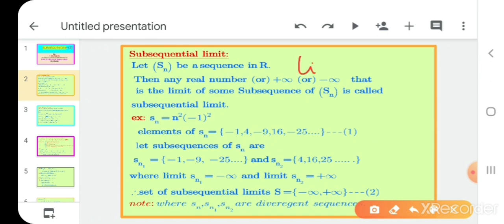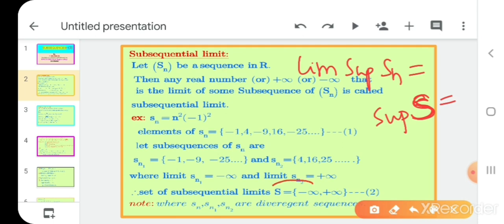See here. What is the limit supremum of Sn here? Tell me. It equals the supremum of capital S. What is capital S here? Minus infinity comma plus infinity. Supremum means maximum value. What is the maximum value of capital S? This is plus infinity. Okay, is it clear or not?